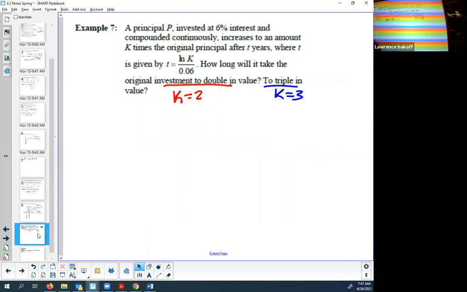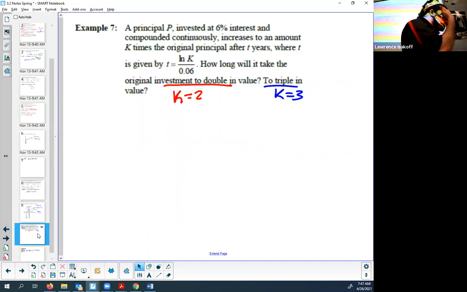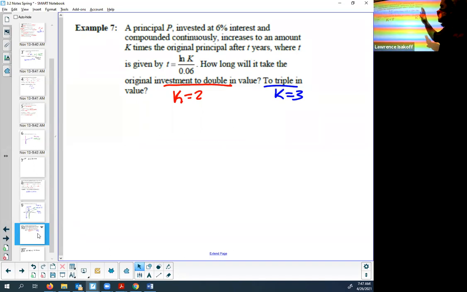Okay, now this is an example of some real life uses of natural logs. So a principal P invested at 6% interest and compounded continuously increases to an amount K times the original after T years, where T is given by this.